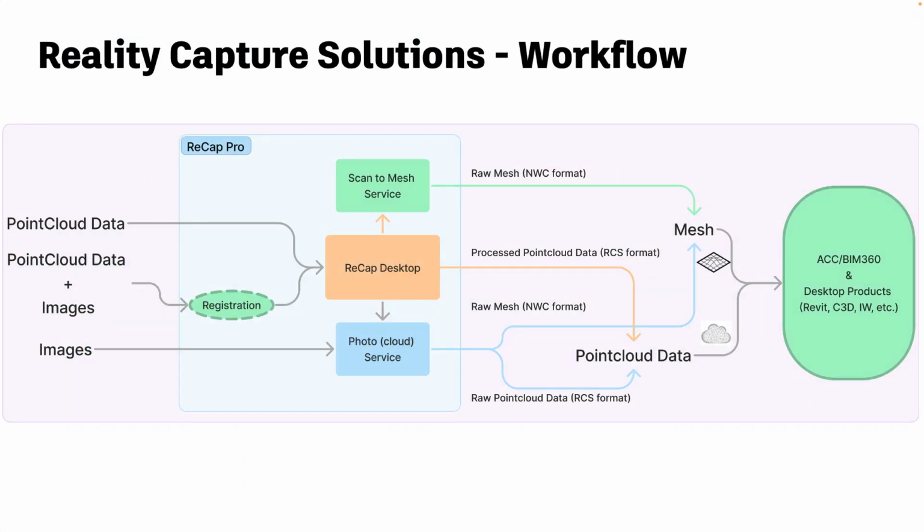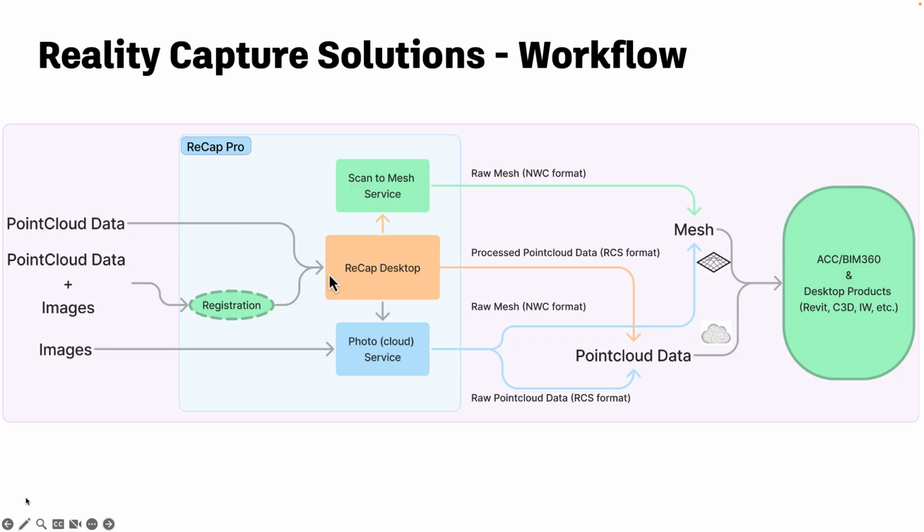And before jumping into the product, I want to show you what we are trying to do in a simple block diagram so that you get a frame of reference. Like I said, the Recap Pro product does a lot of stuff. I mentioned registration, where your point cloud or point cloud images come in and register to create a cohesive point cloud data, or directly a point cloud data.